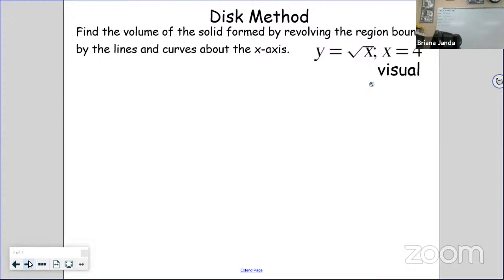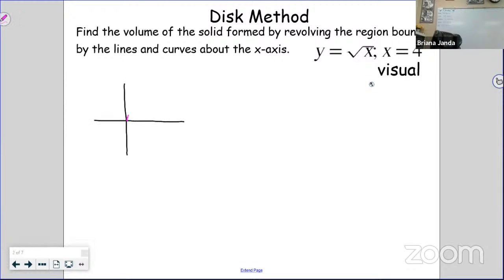So in our first example, we're going to rotate our object around the x-axis. The functions given to us this time are y equals the square root of x and the line x equals 4. I'm going to start by drawing this two-dimensionally, then we're going to go to my little visualizer.